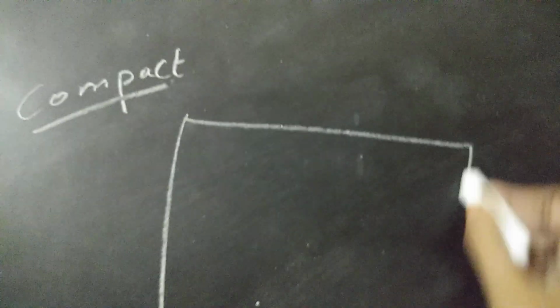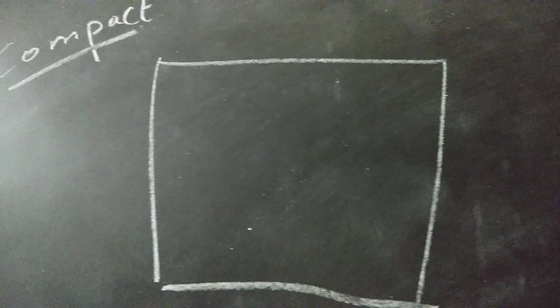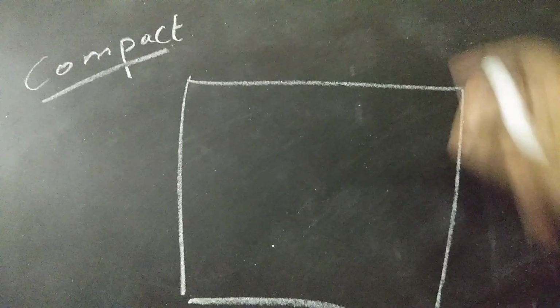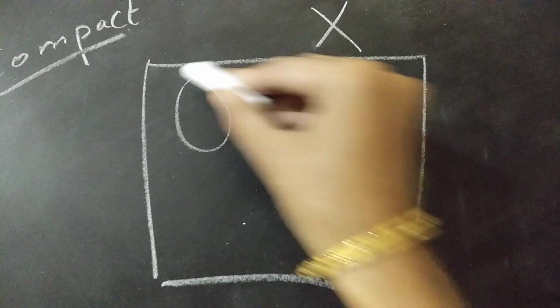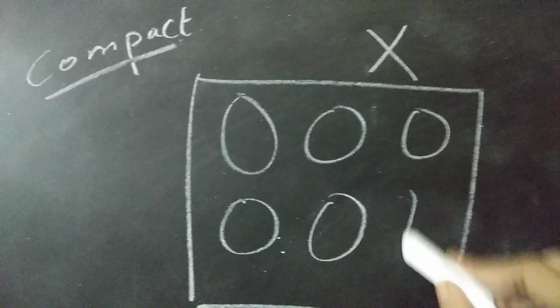Now imagine this is the topological space. I told you that inside a topological space, you will have so many open coverings, right? Similarly, this is the topological space X. Inside this topological space X, you have so many open coverings.